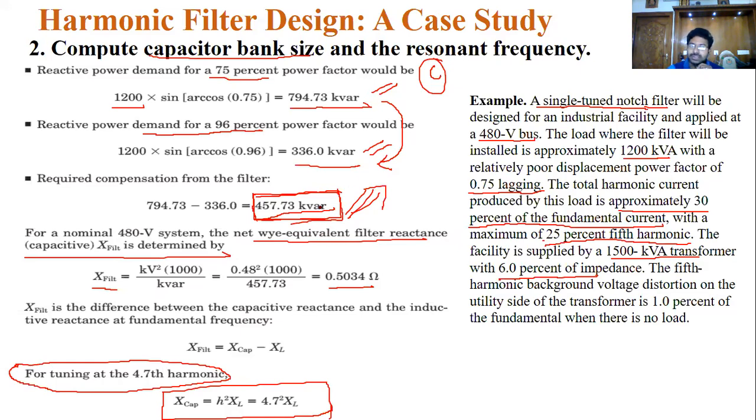For such a huge value, you are going to design the capacitor bank size. So you have to be very careful, because size indicates the cost as well as the performance, economic value, and efficiency values also.